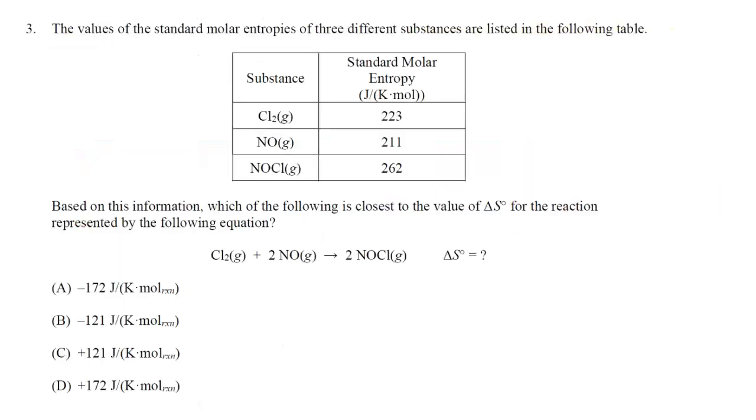Now let's take a look at question 3. In question 3, we are given a data table and it says the values of the standard molar entropies of 3 different substances are listed in the following table. Based on this information, which of the following is closest to the value of delta S for the reaction represented by the following equation?